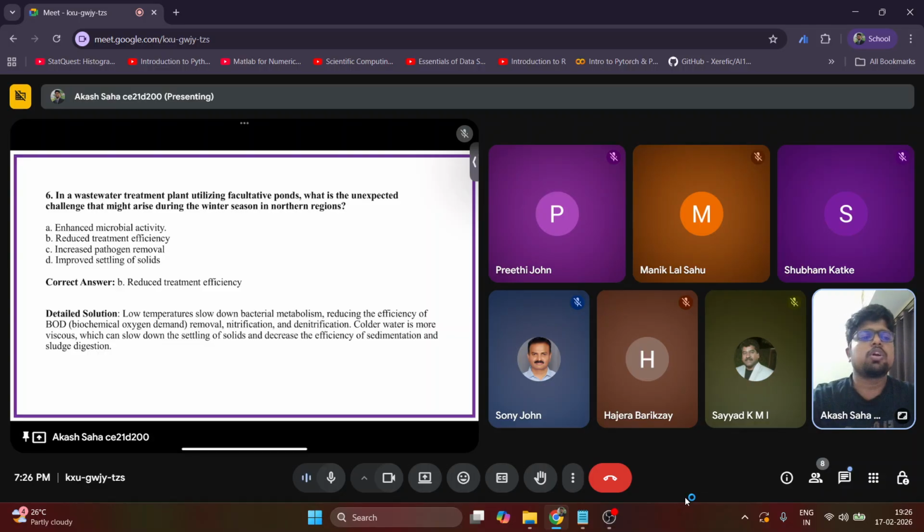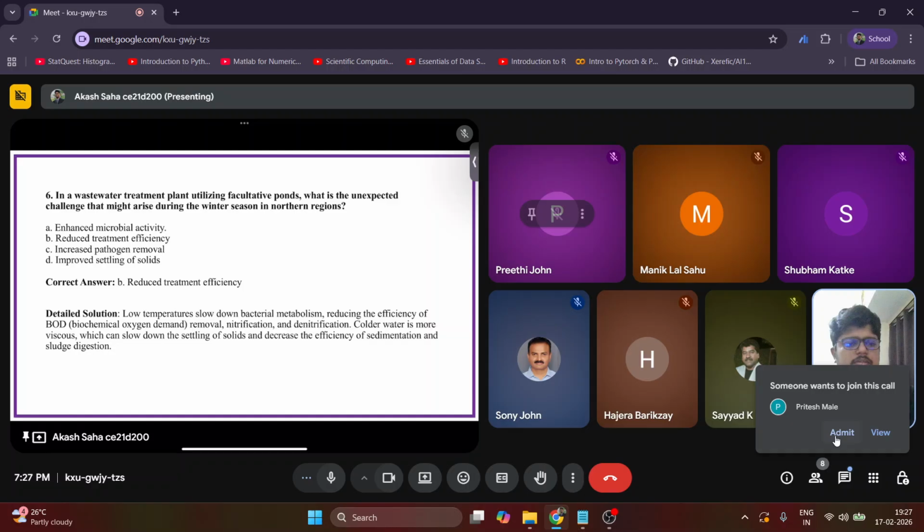Also, the colder water is more viscous, so if the viscosity increases, the settling of the solids will also be affected. Similarly the sludge digestion. So everything will be affected. We won't have improved settling, we won't have increased pathogen removal, neither will we have increased microbial activity. So option B is the correct answer.